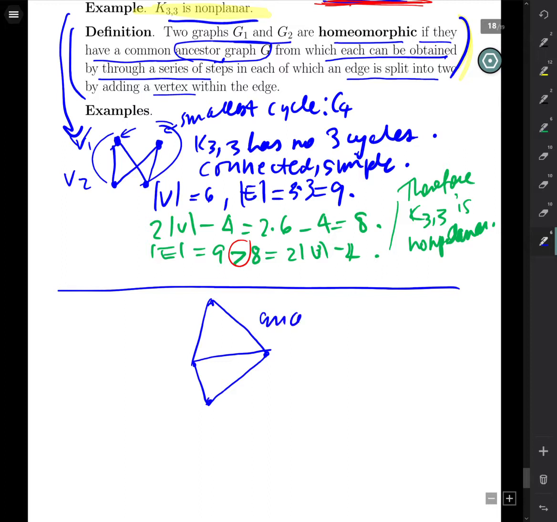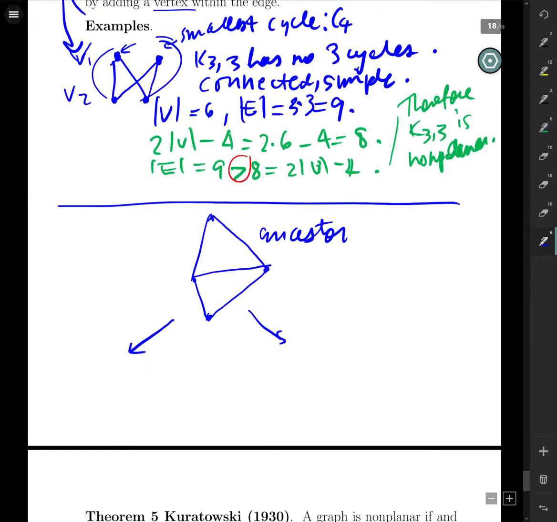So this will be the common ancestor, and I'm going to create 2 different homeomorphic versions of it by adding a vertex to split an edge and no other operation. So over here I'll redraw this graph, and over here I'll draw it too. And in each case I'm going to do different things to create a homeomorphic version.